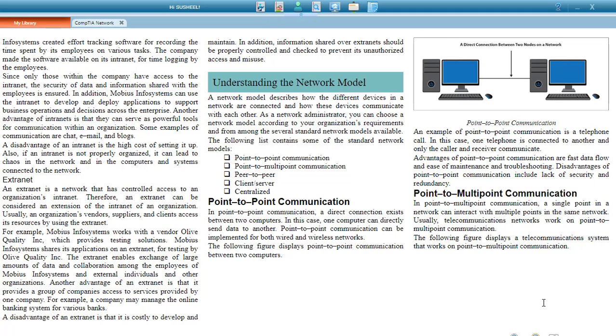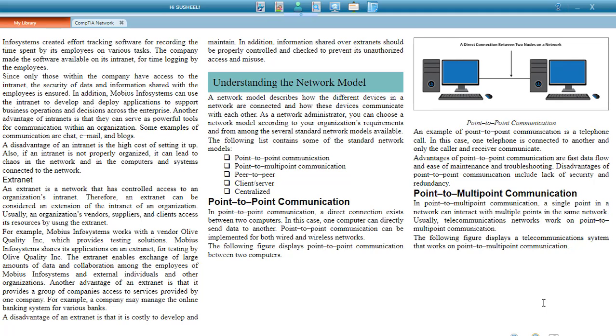Another advantage of an extranet is that it provides a group of companies access to services provided by one company. For example, a company may manage the online banking system for various banks. A disadvantage of an extranet is that it is costly to develop and maintain. In addition, information shared over extranets should be properly controlled and checked to prevent its unauthorized access and misuse.